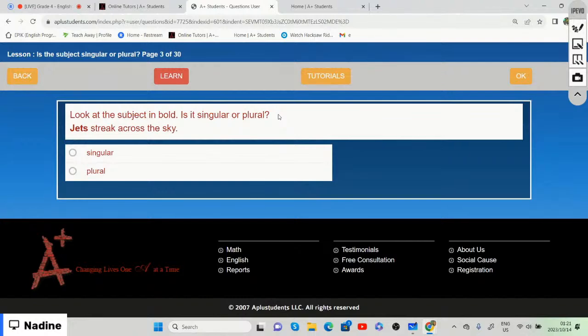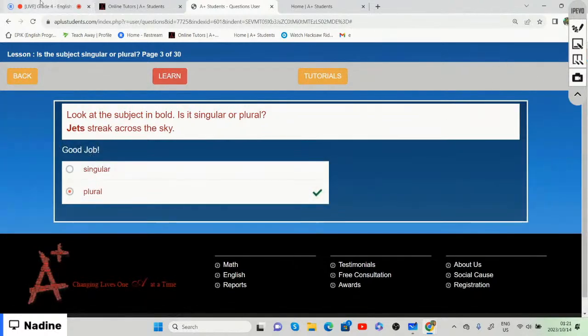Is it singular or plural? So jets, yes, it refers to more than one, which means that it is plural. So well done.